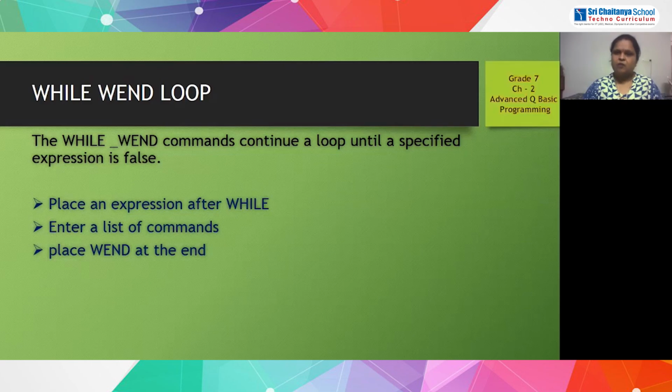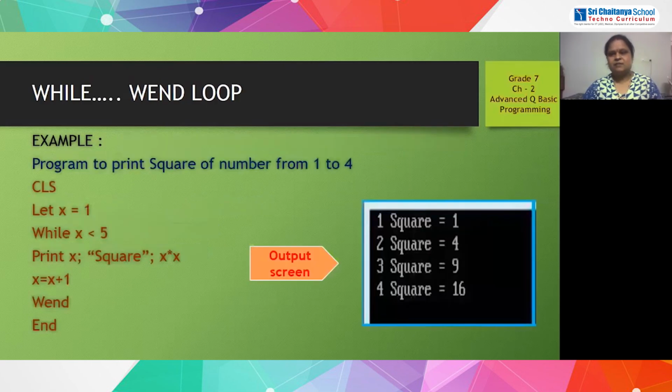To see how exactly it works, let us see one program. Here, the example program is a program to print the square of numbers from 1 to 4. Okay, so as usual, I am starting my program with my command called CLS, that is, clear the output screen.